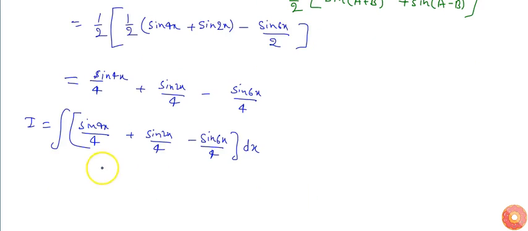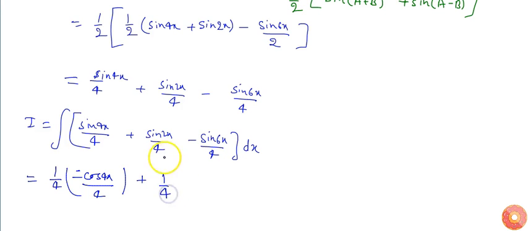So I know that integration of sin 4x is minus of cos 4x by 4, and here it is 1 by 4.